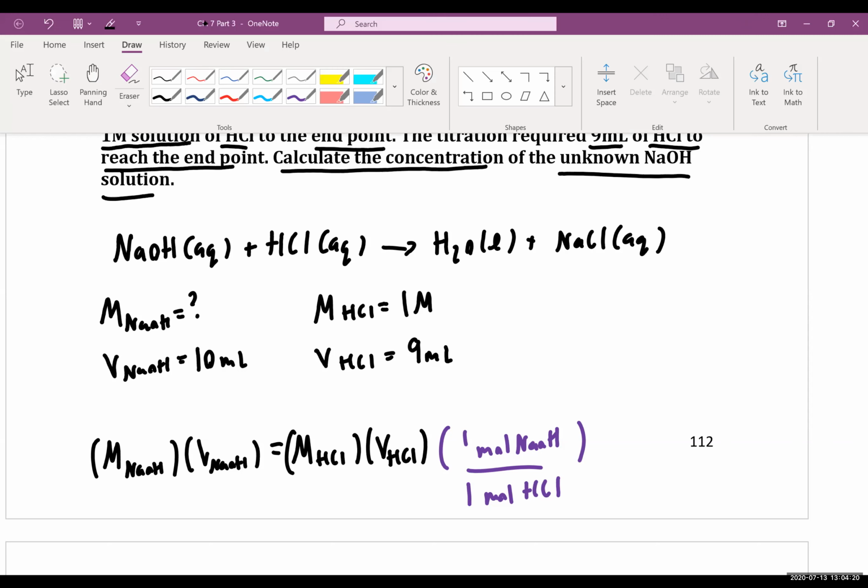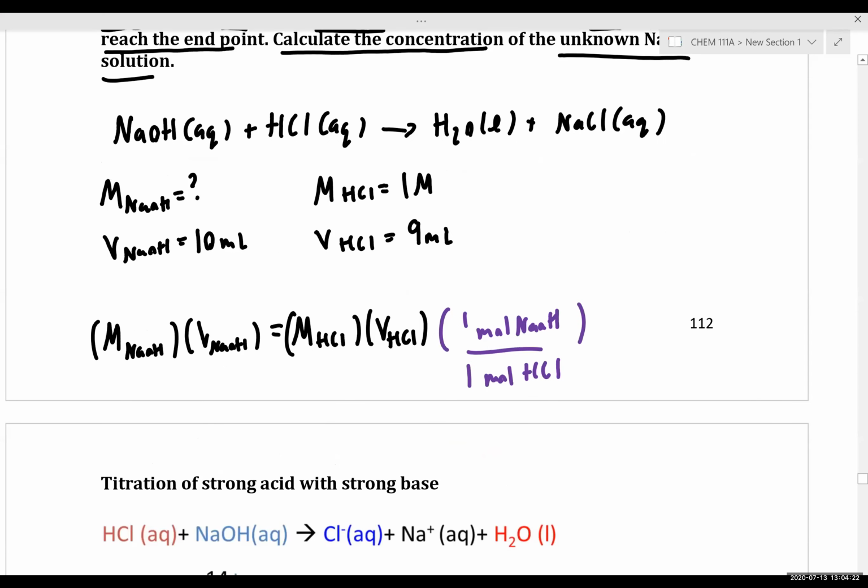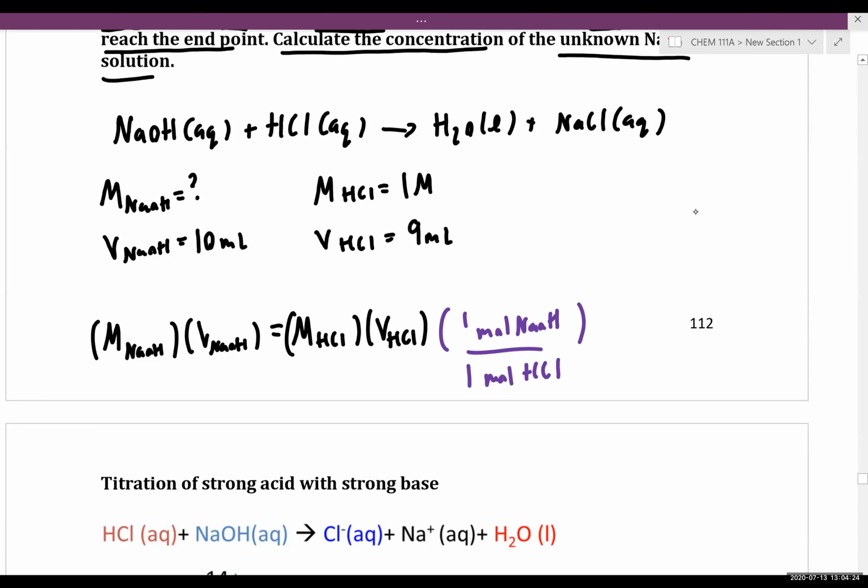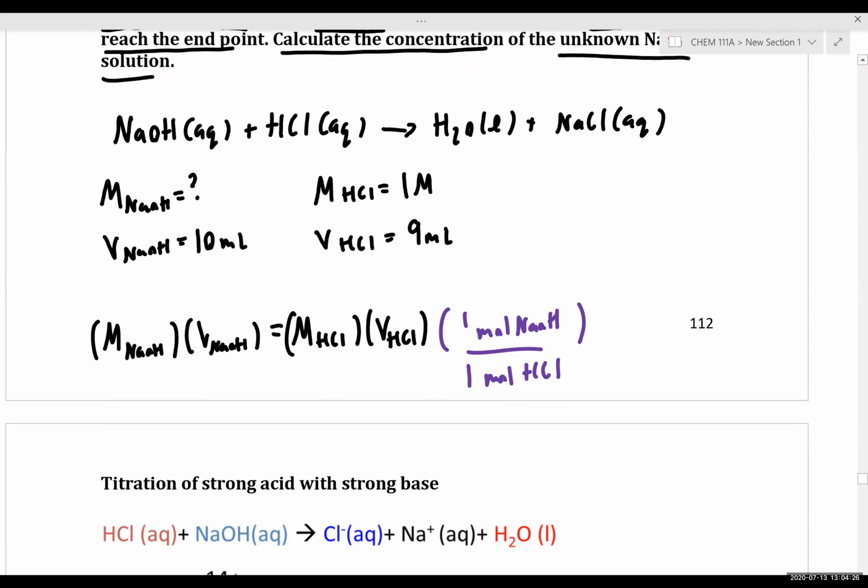So now what we're going to do is we're going to solve this equation for the molarity of sodium hydroxide, and that in turn gives us the molarity of hydrochloric acid times the volume of hydrochloric acid over the volume of sodium hydroxide times 1 over 1.